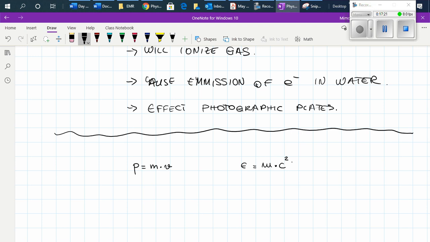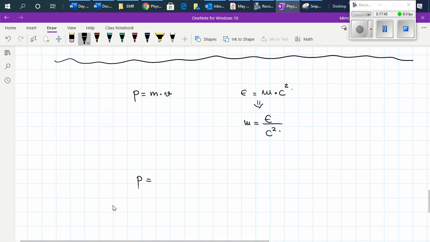If we derive mass from this equation, energy over c squared, and replace it into the particle formula for momentum, then momentum is energy over c squared times v, which is c, because it is moving at the speed of light since it is EMR, so E over c.